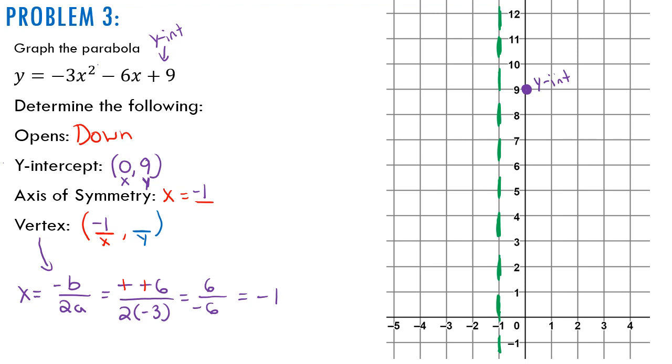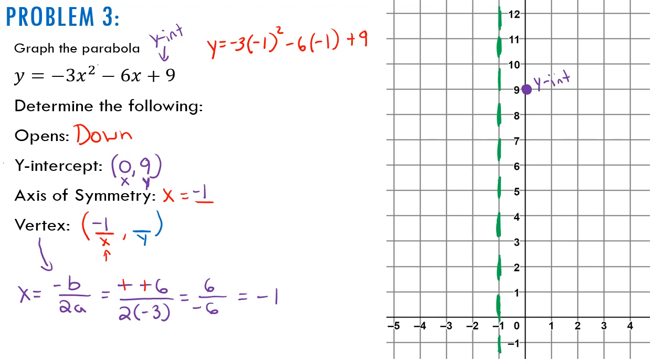I'm going to find out what the y value is. So y equals negative 3, parentheses, all the x's are going to turn into negative 1s because I'm plugging this in, trying to find the y value. And then you could use your calculator to type this in. Just be careful how you type it in. I'm going to do it by hand.